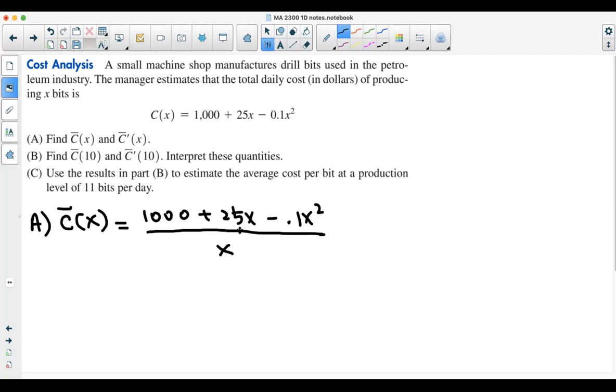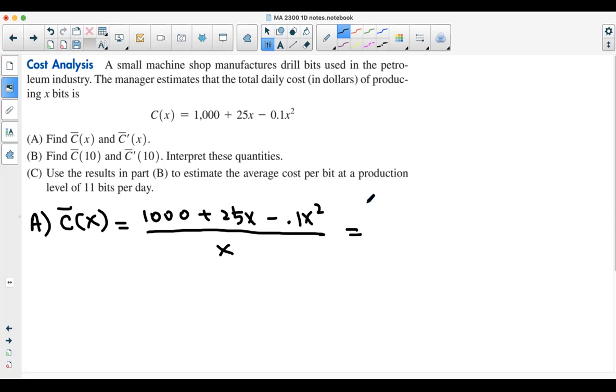But next we want to get the marginal average cost. But in order for me to get that, remember this is a fraction, but wait a minute, my denominator is one monomial. So what I can do is divide each term by x. While this expression is fully acceptable for my average cost function, I'm going to divide each term by x so that it'll be easier for me to find the derivative.